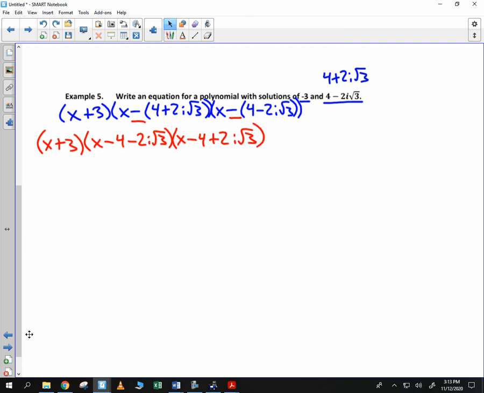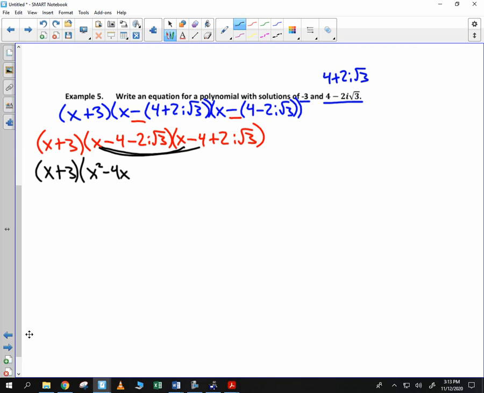Now it's time to multiply them out. I have this x plus 3, x times x, x squared. X times negative 4, negative 4x. X times 2i roots of 3, 2xi roots of 3. Negative 4 times x is negative 4x.